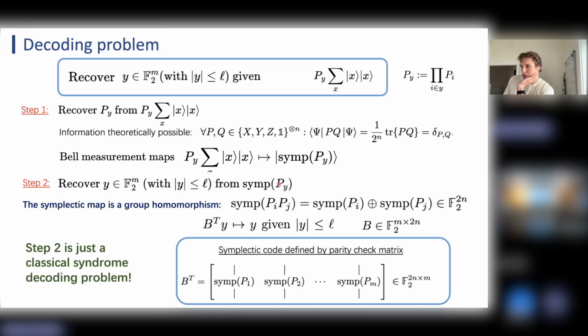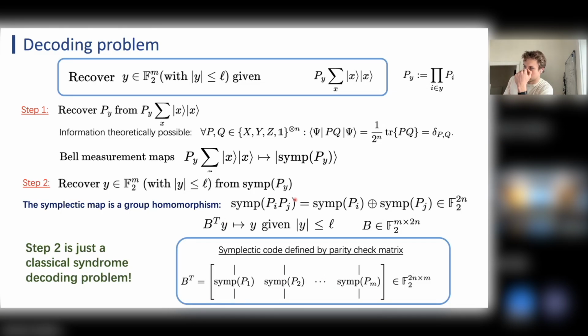So in particular, simp of Py is just a sum of simp of Pi, meaning this syndrome here is the sum of the syndromes of the Paulis Pi. So you can re-express this problem as a bounded distance decoding problem on some code whose parity check matrix is given by this matrix here. It's a 2n by n matrix, where each column is the symplectic representation of one of the Paulis.